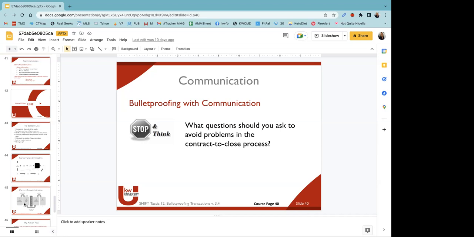So it took a lot of work to track down somebody in the family that was willing to sign off that they didn't have any rights to this empty lot. They would have never known that until they got to the signing table.